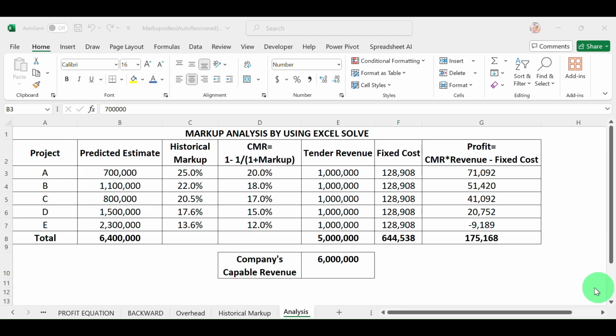So in this table, in this column we will have the projects from A to E, and the predicted estimate from clients is from 700,000 to 2,300,000.